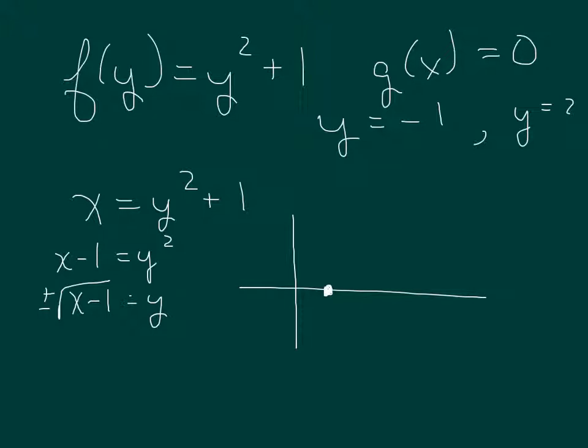So the upper half looks like this, and the lower half looks like this. And that should be g of y equals 0. So in other words, g of y is the same as x. Where is x equal to 0? The y-axis. There's my second function.